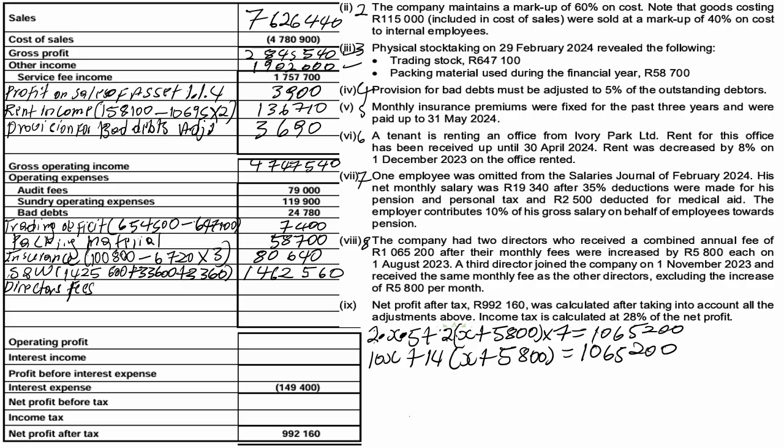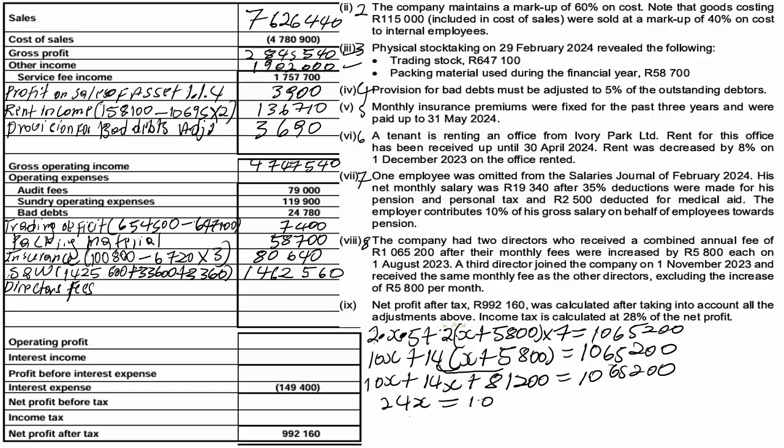So 10x plus 14 times x, we'll have 14x, 14 times the 5,800. So I'm getting on my side 81,200 equals 1,065,200.